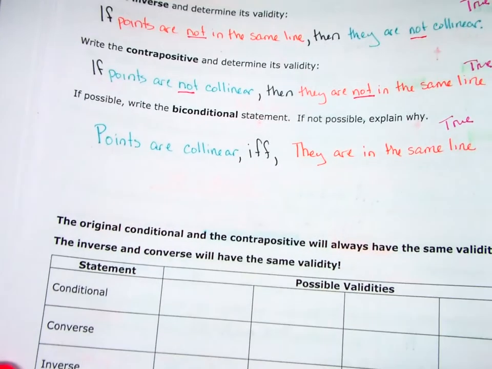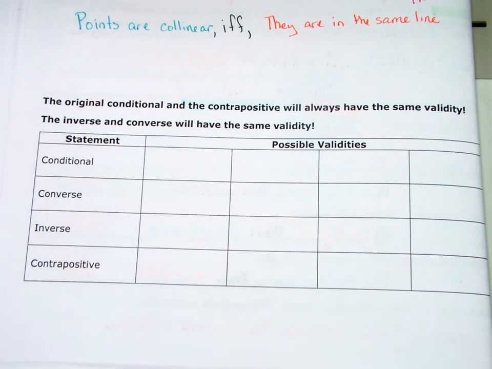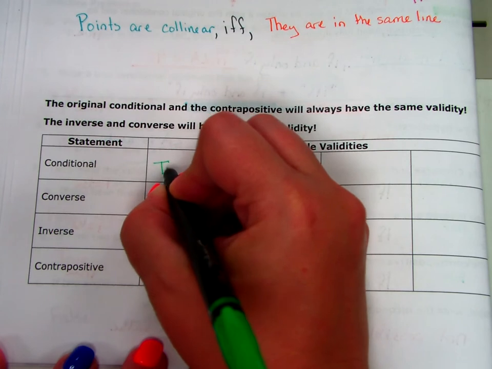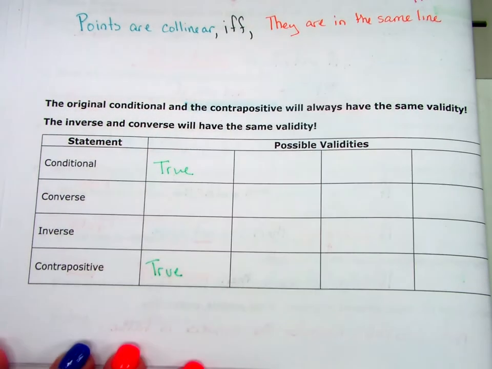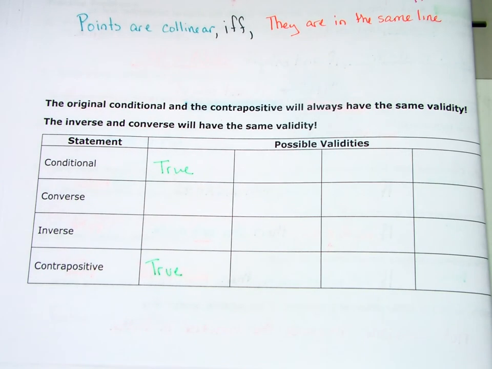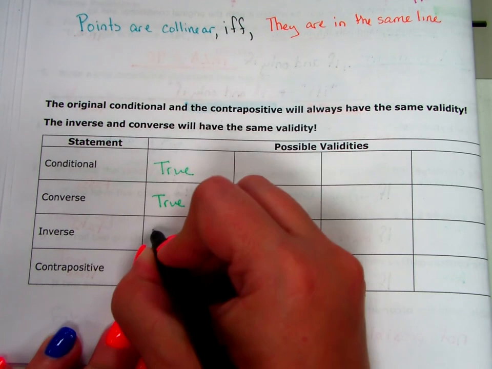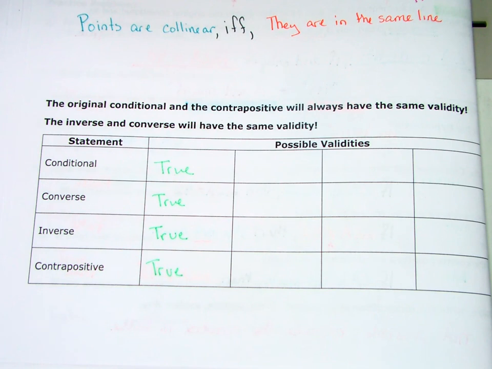Okay? Interesting fact, your original conditional and the contrapositive will always have the same validity. What that means is if my conditional is true, my contrapositive will also be true. Your inverse and your converse will always have the same validity. So if my converse is true, then my inverse will also be true.